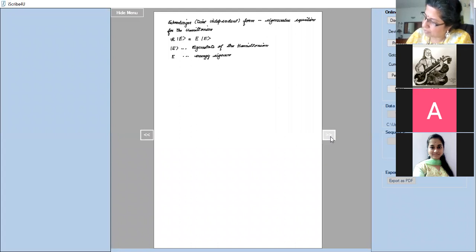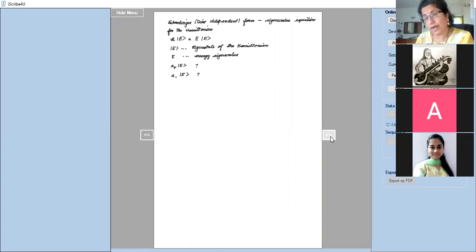What we need to find out is what this A plus is going to do to this E. What does it do? Similarly, we need to find out what this A minus does to this E.